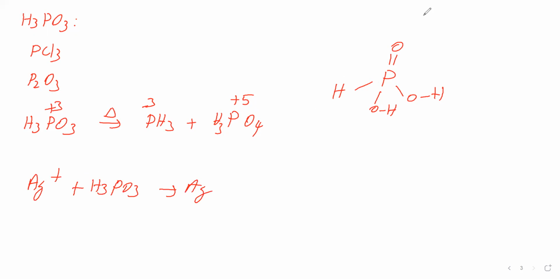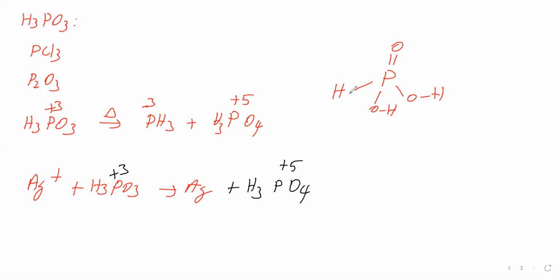Here H3PO3 has +3 oxidation number phosphorus, which converts into the highest oxidation number, +5, as H3PO4. So H3PO3 undergoes oxidation. It takes one oxygen and becomes H3PO4. Ag+ undergoes reduction and becomes Ag.